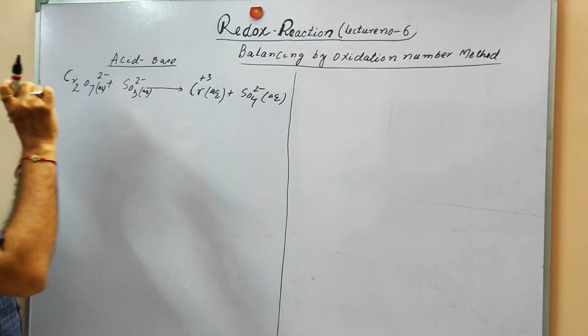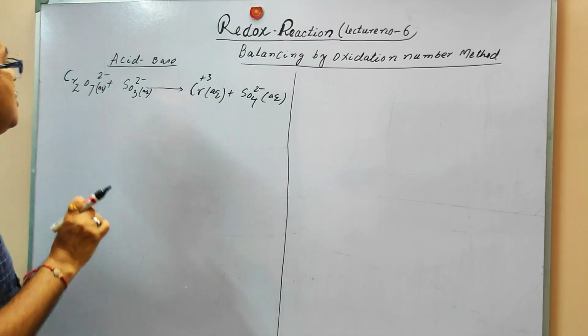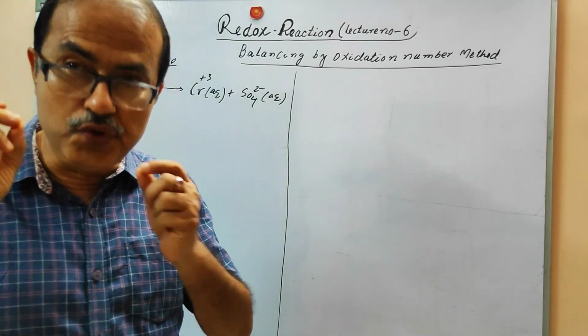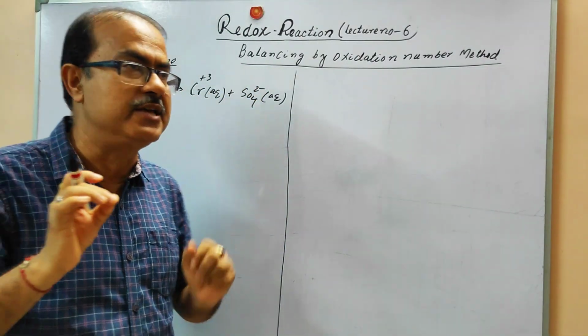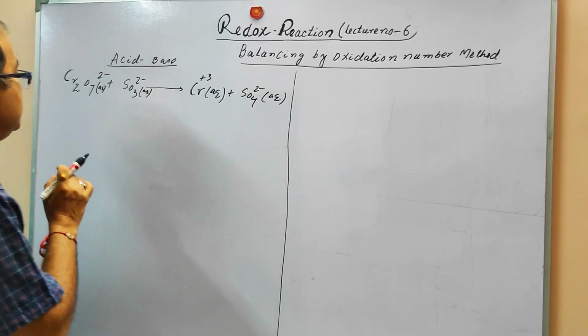So here the first step, when we are going to balance by the oxidation number method, is to recognize which elements have had their oxidation number changed.